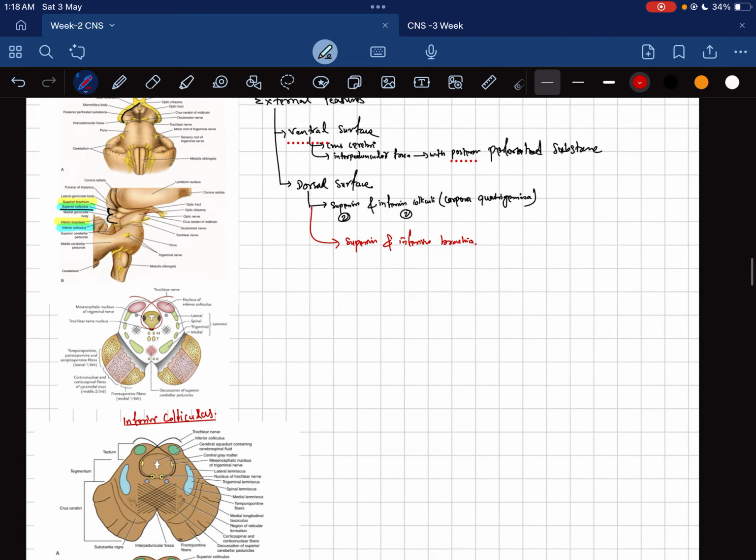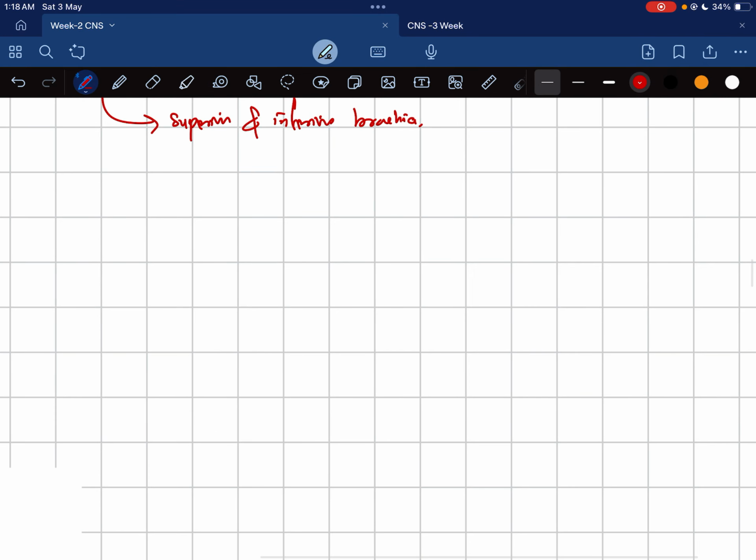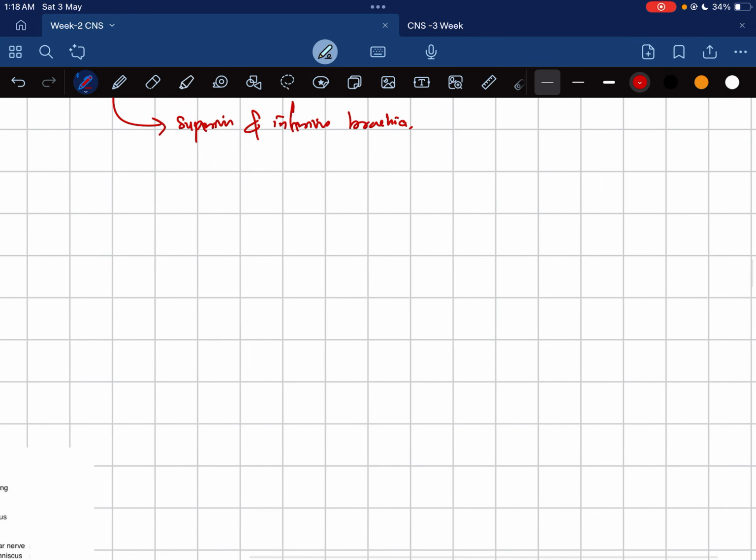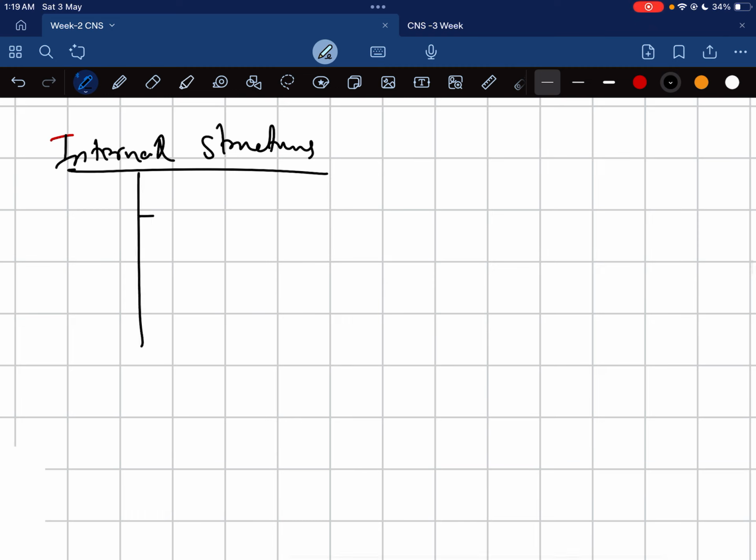Now moving on to the internal features. When we look at the internal structure or cross section, we find three main portions.